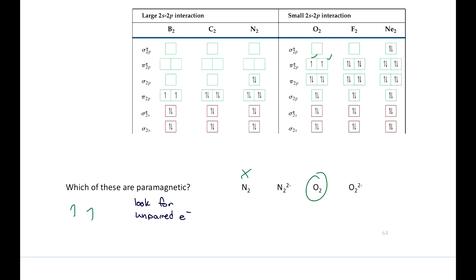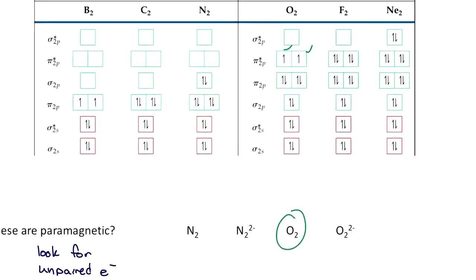All right, but now we have an issue. Now we're working with anions. We have nitrogen 2 minus, and we have oxygen 2 minus. But I didn't give you diagrams for that, so are we screwed? No, we're not screwed. What are we going to do? Just add 2 electrons to both of them. So for nitrogen, where are we adding those 2 electrons?